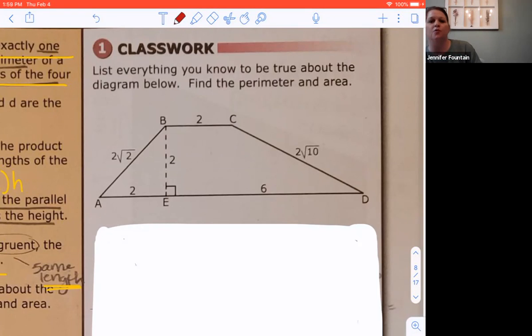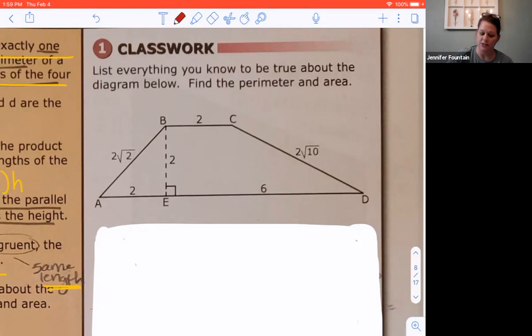A trapezoid is a type of quadrilateral, and a quadrilateral is a type of polygon. Okay, so we know about its shape. We know that perimeter formula is side plus side plus side plus side. We know that the area is we take half of the two bases added together times the height.